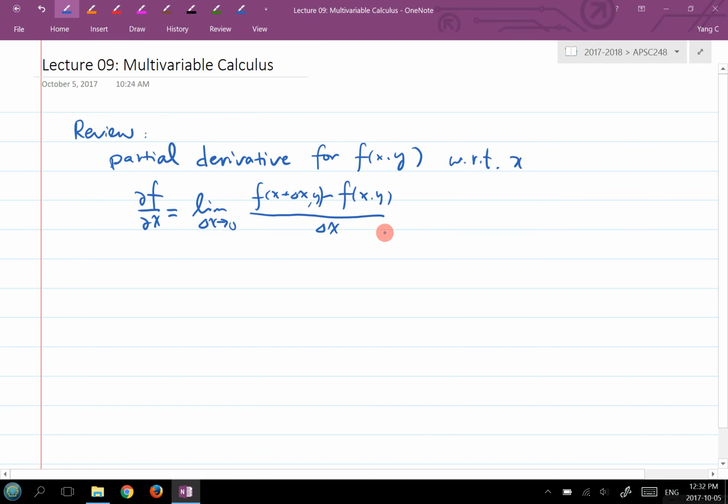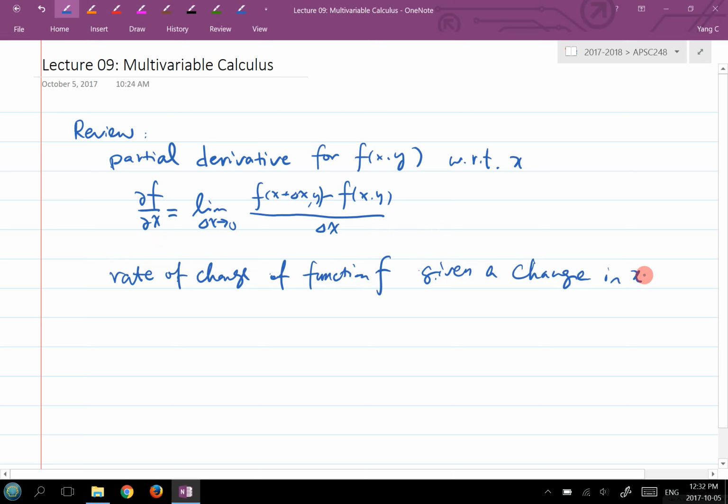In other words, this basically represents the rate of change of function f given a change in x. So that's basically what the partial derivative is.